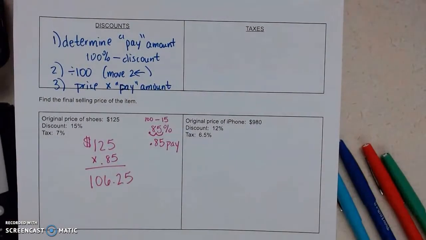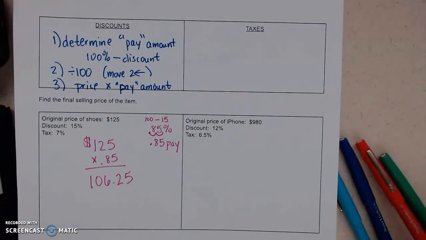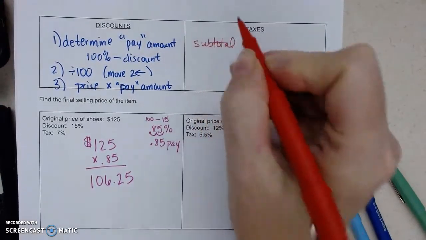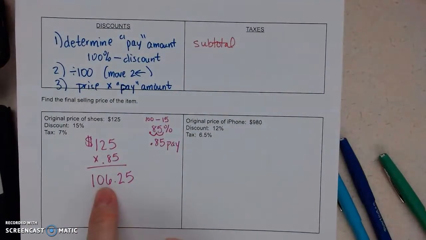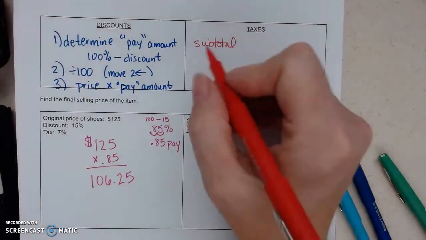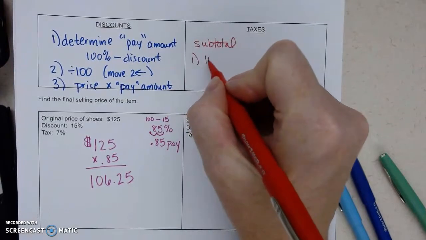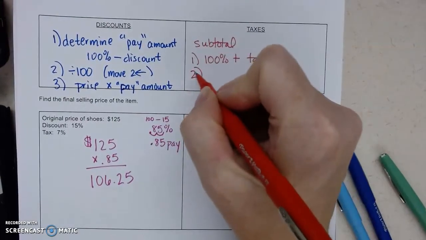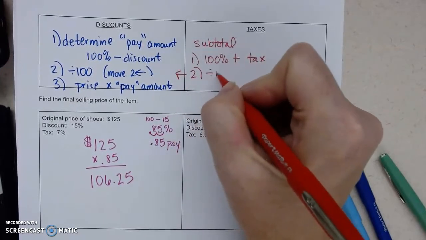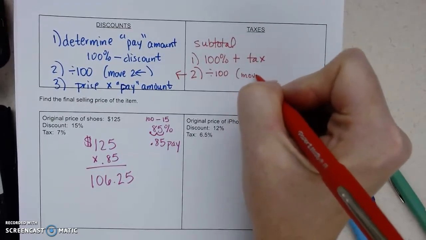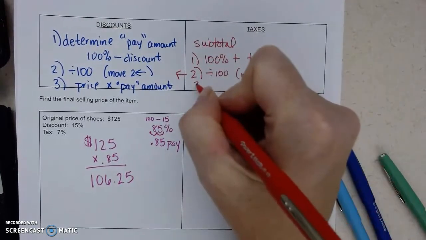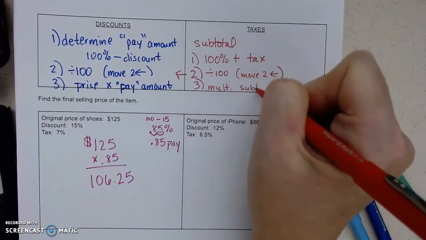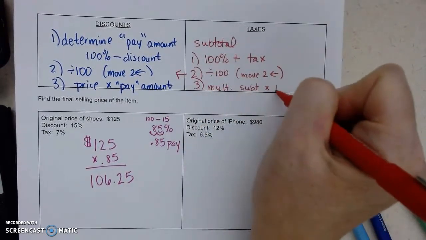Okay, that's my subtotal. So then we're going to have to pay taxes. So you're going to take your subtotal, and I need to pay that amount plus the tax amount. So number one, we're going to take 100% and add the tax amount. Step 2 is the same over here: we're going to divide that by 100 or move your decimal 2 to the left. And then step 3 is you're going to multiply your subtotal times your tax amount.